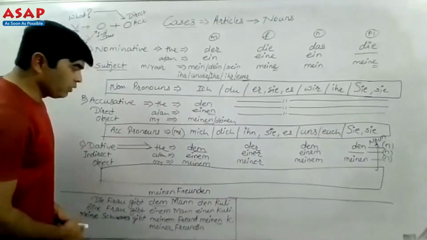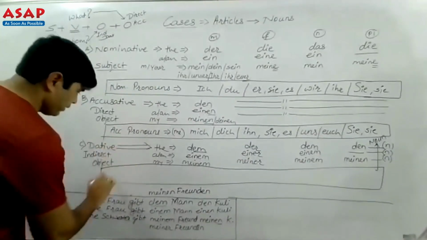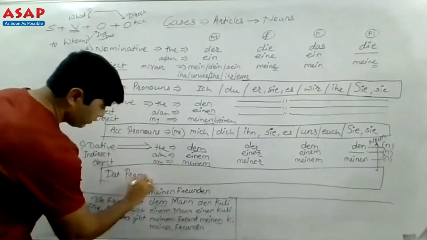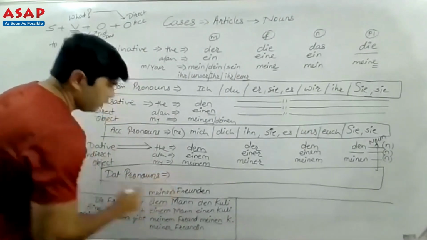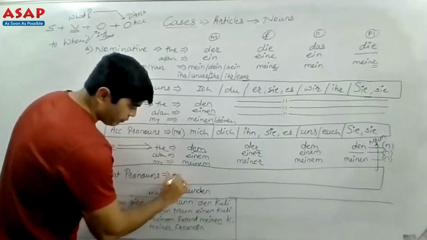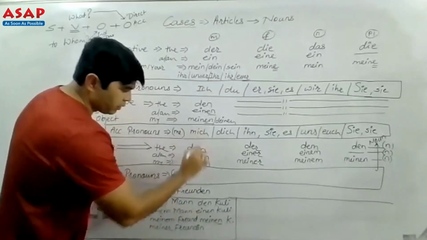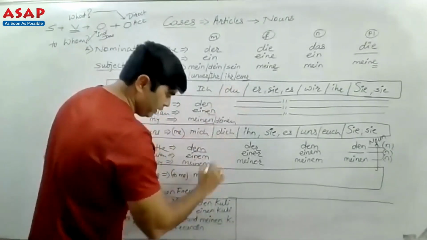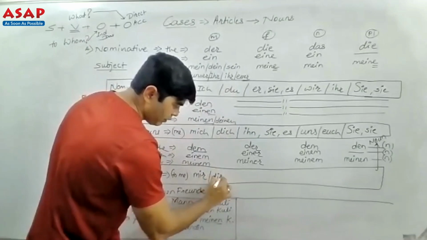Okay. Now dative. What are dative pronouns? To me, for example. So mich, mir. Du, dich, dir.